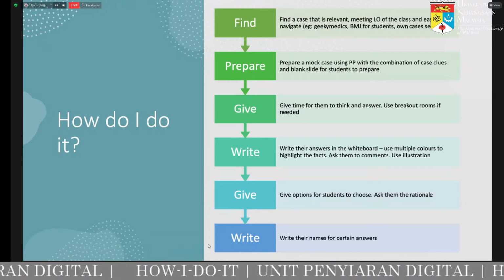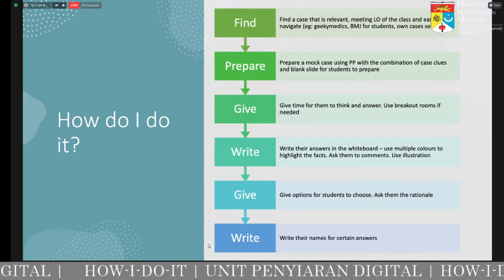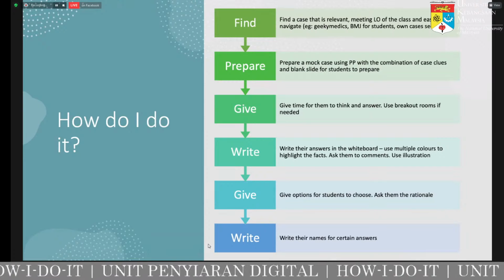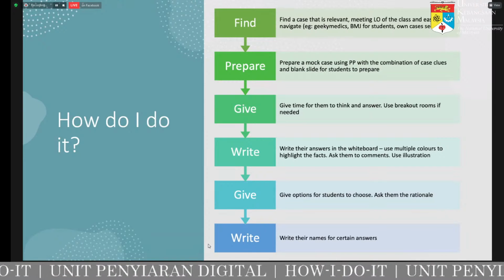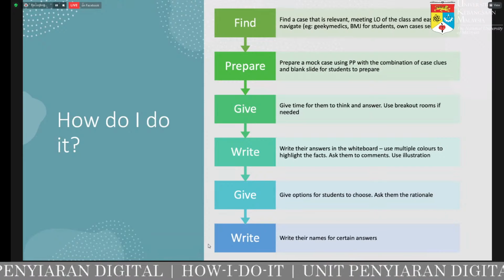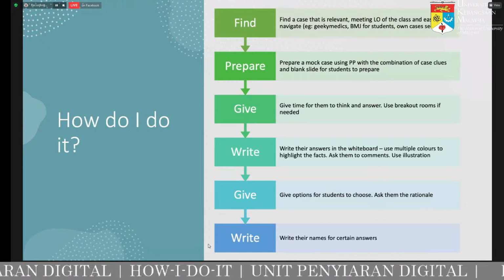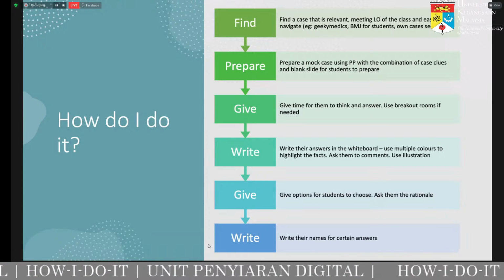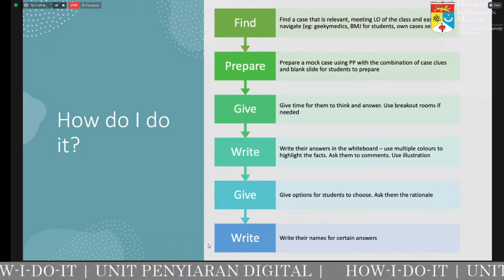So this is palpation. Percussion. So it's red. So this is auscultation. They have to press.